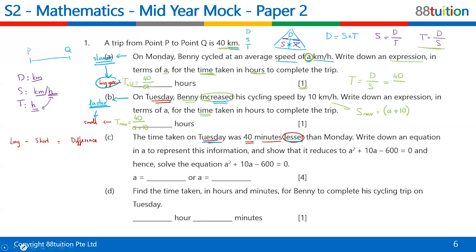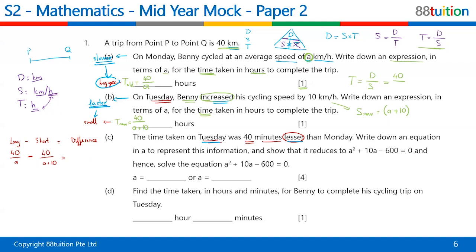All right. So now, the longer time is 40 over A, and then minus 40 over A plus 10, equal to the difference. The difference right now is 40 minutes, right?